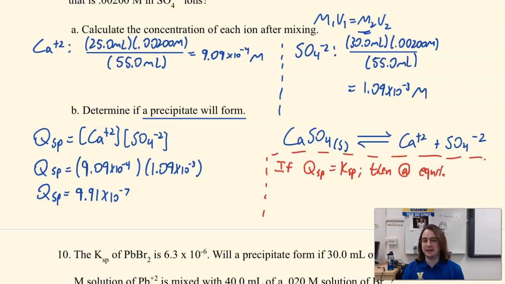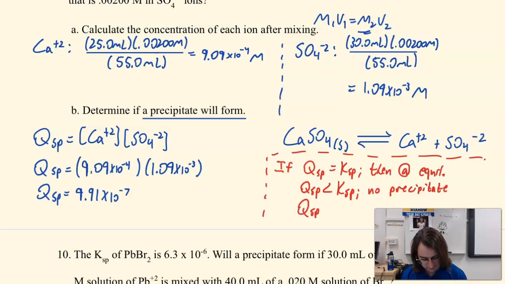And that means we're probably saturated, which means we probably won't see a precipitate. If Q is less than K, no precipitate will form. It means that the concentrations are not high enough for a precipitate to form. But if Q is greater than K, there will be a precipitate. So that's really all it is. We just compare this to our K value.